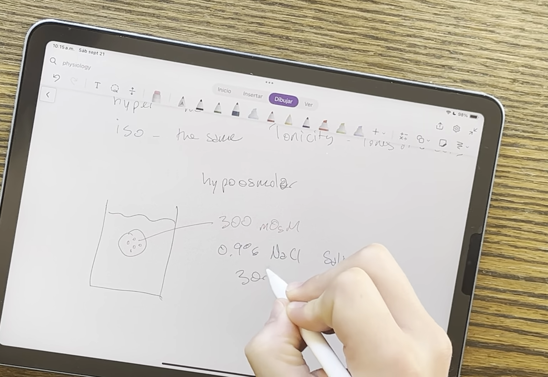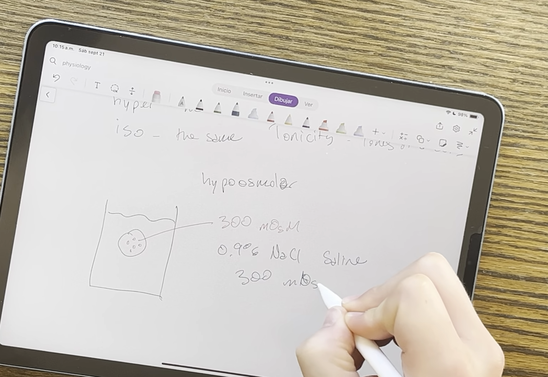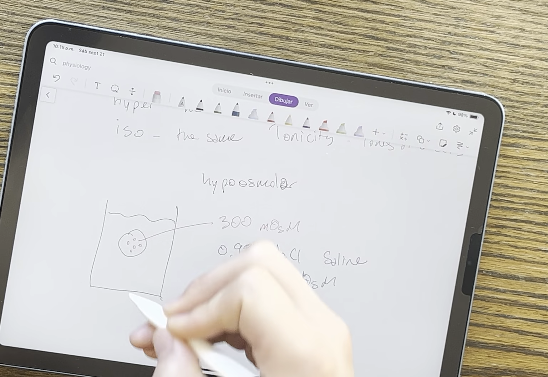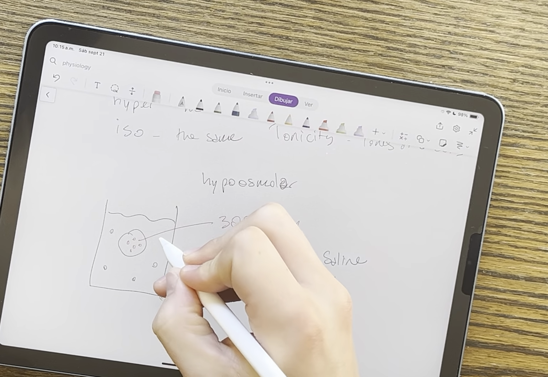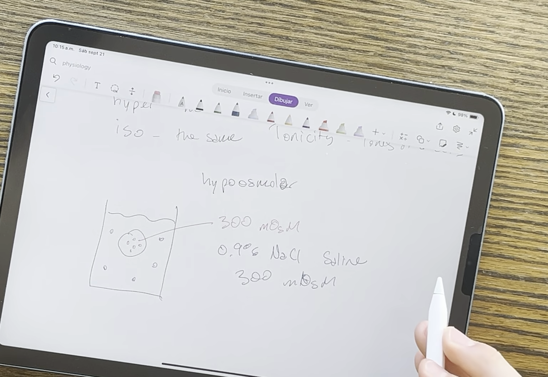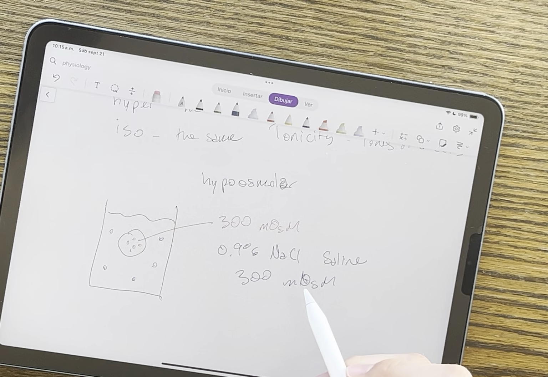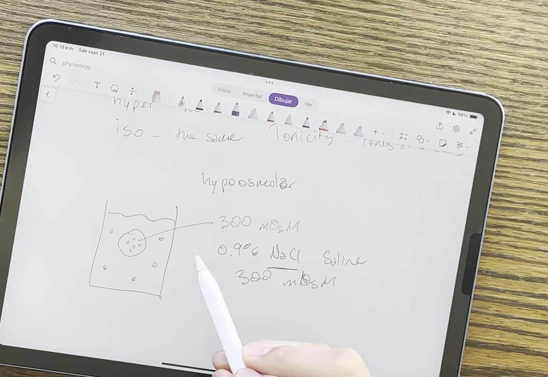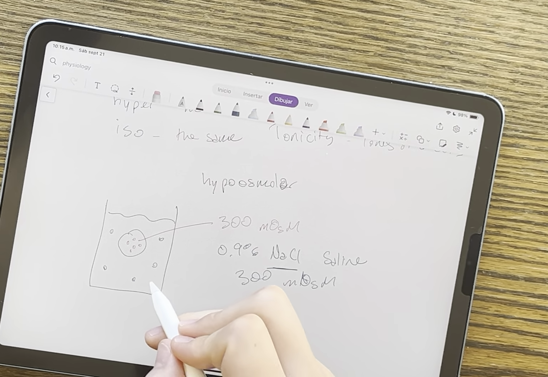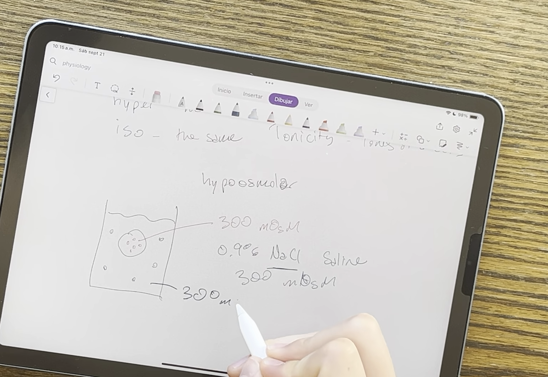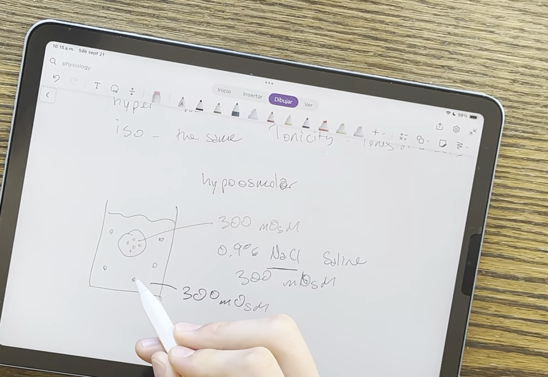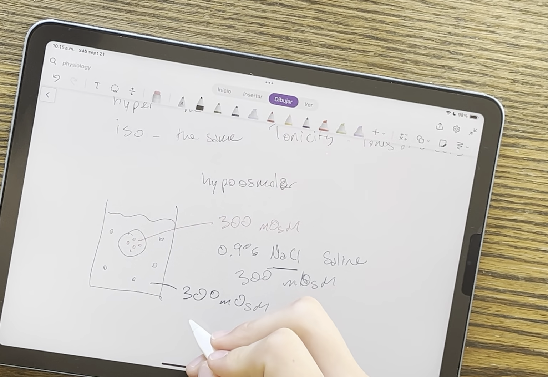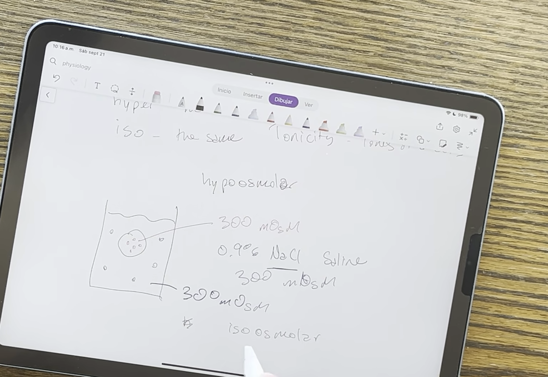This also naturally has 300 milliosmolar, or close to that, in the solution. So in this example, it's important to know the permeability of the solute because NaCl is non-permeable. It can't pass through the cell membrane. So what happens is we have 300 milliosmolar inside, we have 300 milliosmolar outside. So if we compare the two, right, we would consider them to be isoosmolar, having the same amount of solutes.